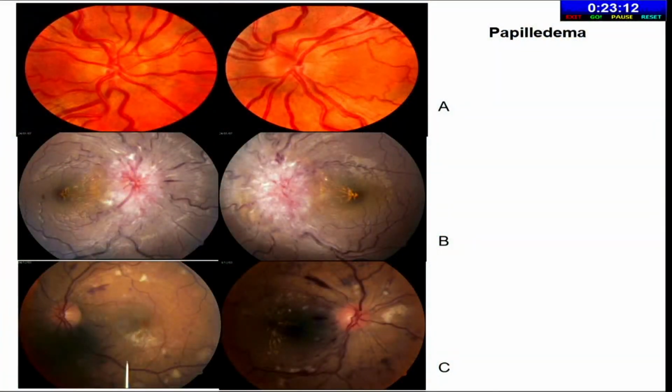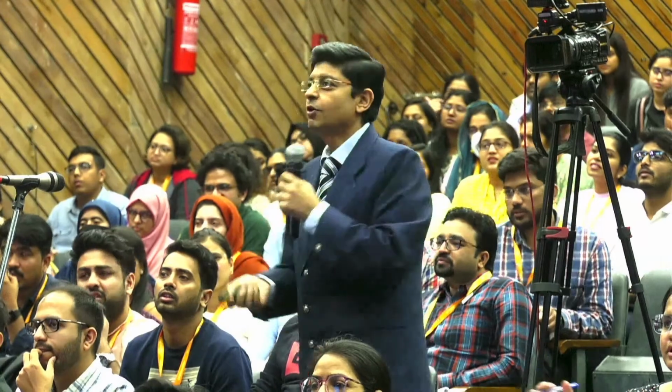Now, which is which? What is A? When in doubt, just shout. A, disc drusen, okay. B, papilledema. C, so great here.